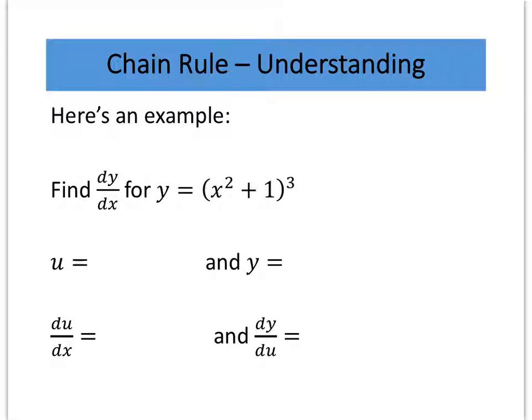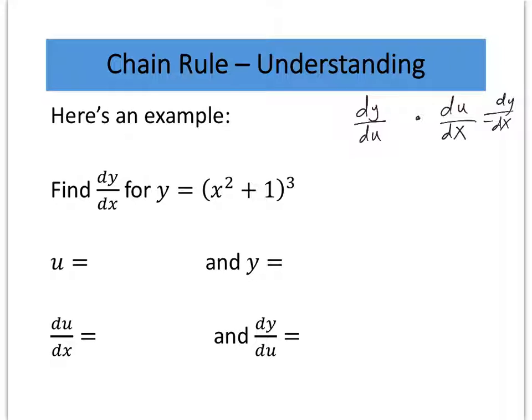So here's the solution. For this function, I think about the inside as some u. Remember, we want to take the derivative of the function y with respect to u, and we also want to take the derivative of the function u with respect to x, so that when I multiply them together, I get dy dx. And that's our ultimate goal.